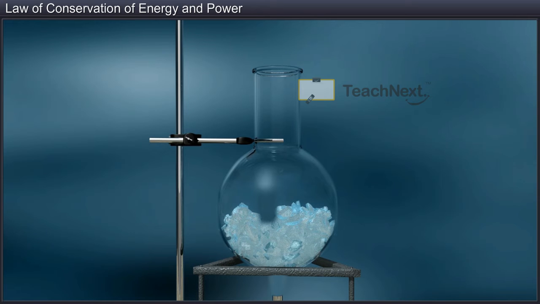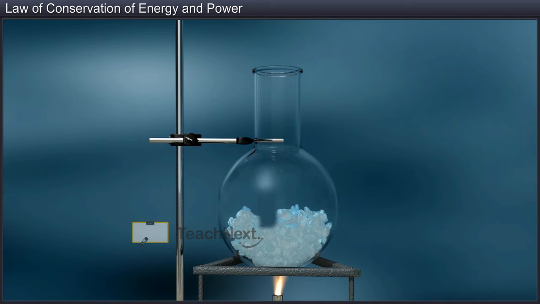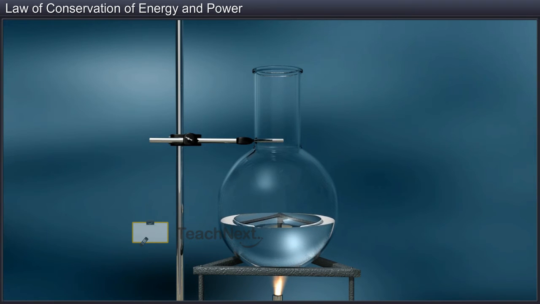For example, when water is frozen, it turns to ice. The ice melts to water, and when water is heated, it turns to vapor. In all the three forms, the mass of the system remains the same.